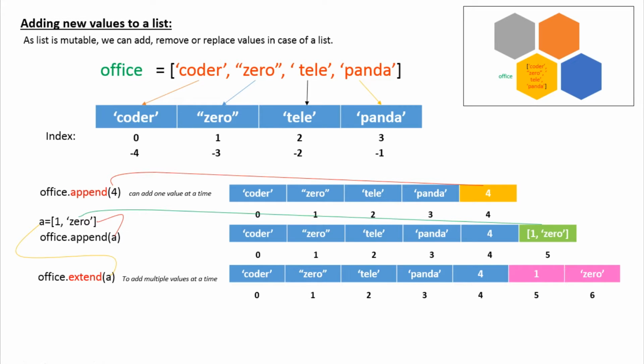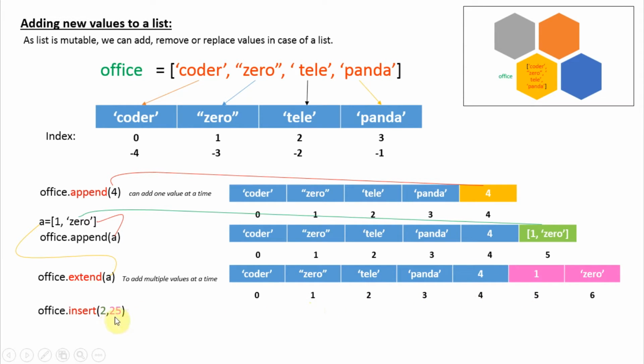You can see here. Another way we can add an element to the list is office.insert, with the index number and then the value. Here we are adding 25 at index 2. What this command does is first vacate the position of index 2, that is, it will shift whatever is present at index 2 to index 3, then index 3 to index 4, and so on.